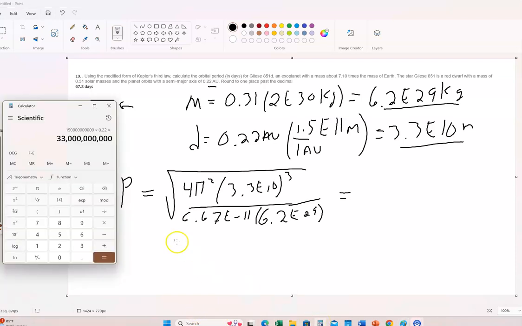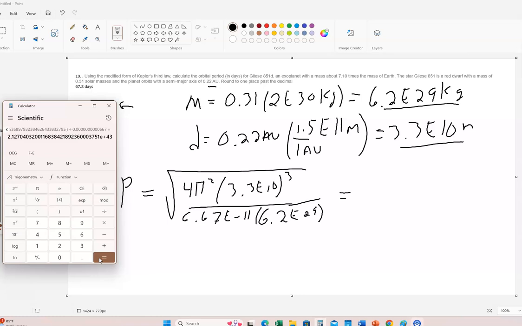Let's get the numerical value. That's D, so I have to cube that, raised to the third, and then times 4 times pi squared, and then divided by 6.67 times 10 to the minus 11th.